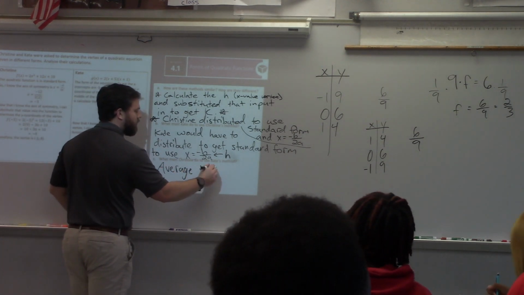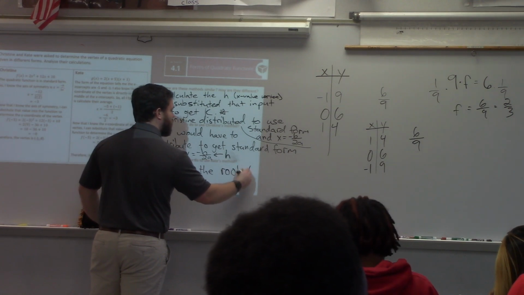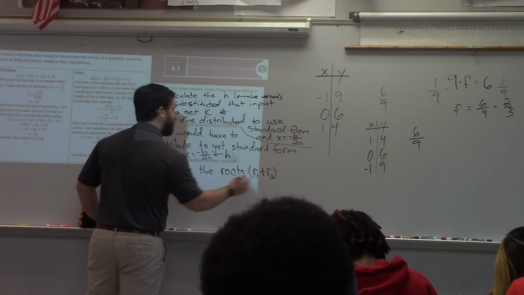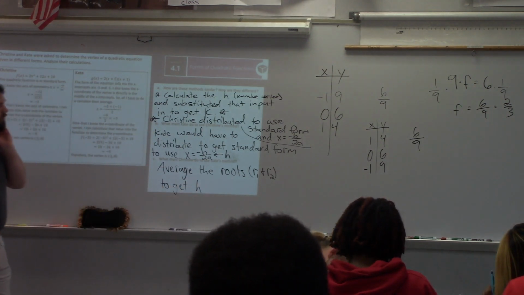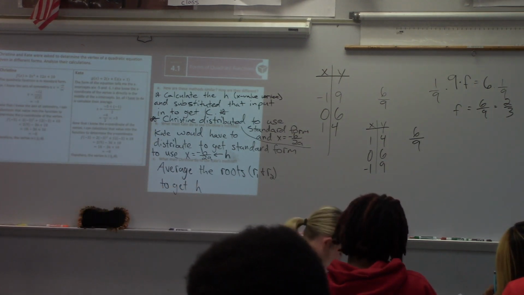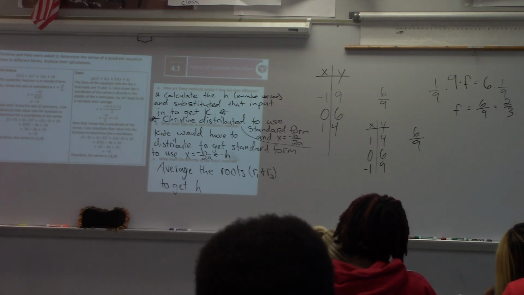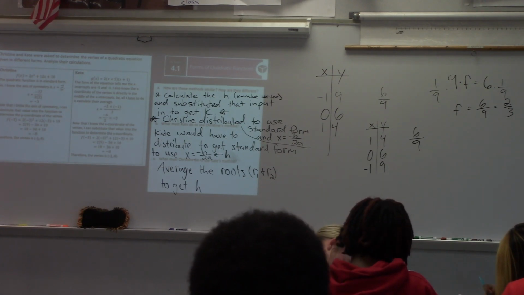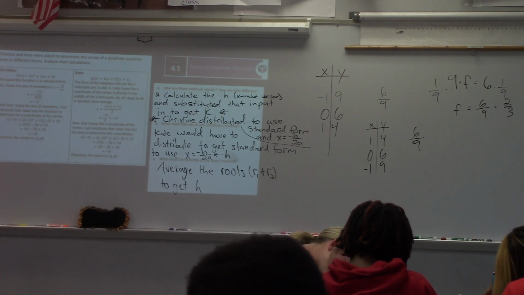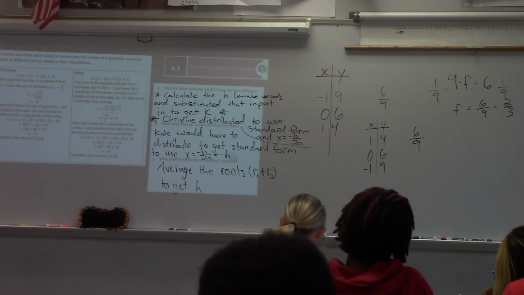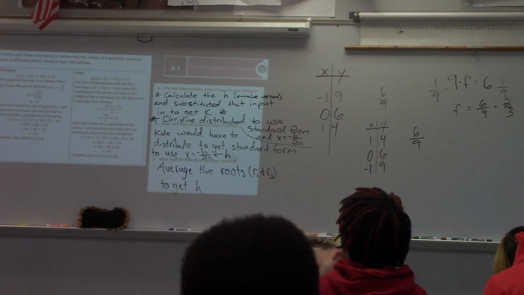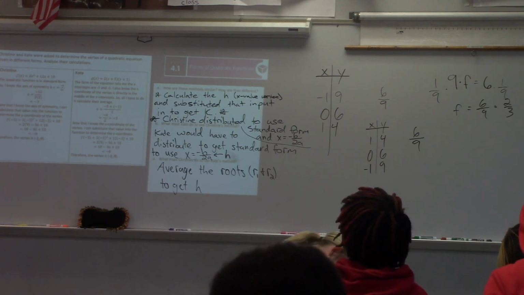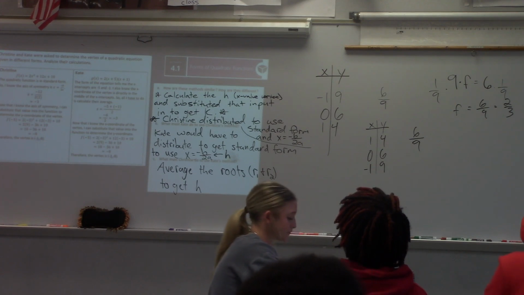The roots. Right? Average those roots to get an h. That's it. You can memorize the equation, because there is an equation, r1 plus r2 divided by 2, but if you know how to average stuff, you don't have to memorize an equation at all. You can just average the roots, which is a fantastic thing to do.